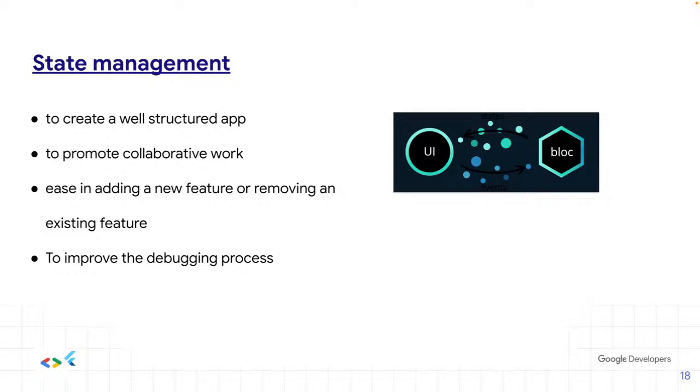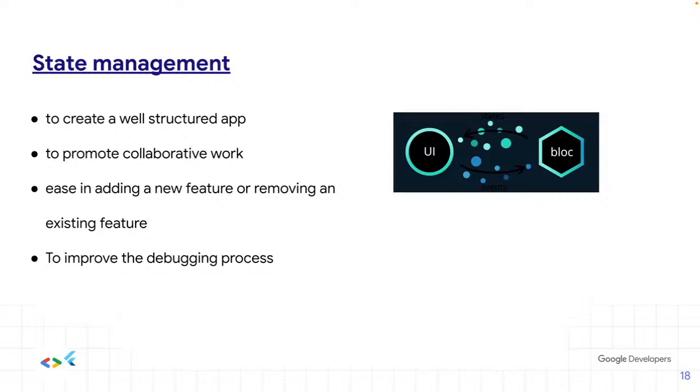The reason I say that is because, let's say I'm building an app and 10 people are working on it. You need to have a well-structured app so that if I'm the 11th person entering the project, I know exactly where everything is. I know which is UI, where I have to add the new APIs, where the model is. So it's always a good idea to have a well-structured app.